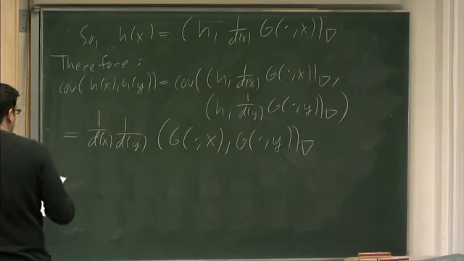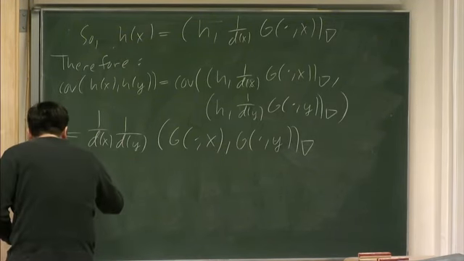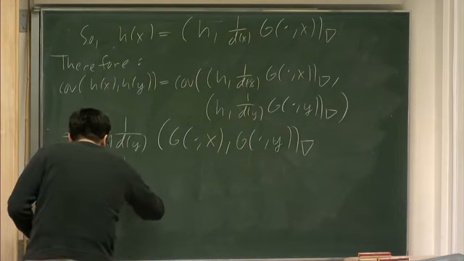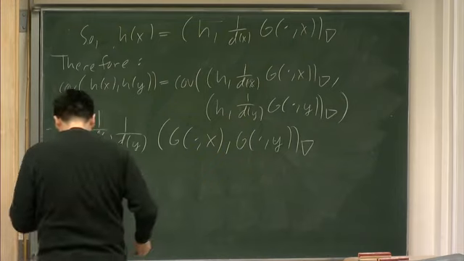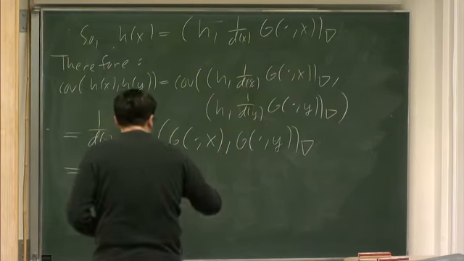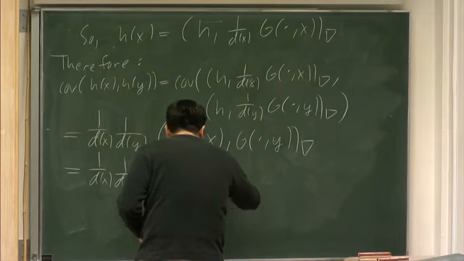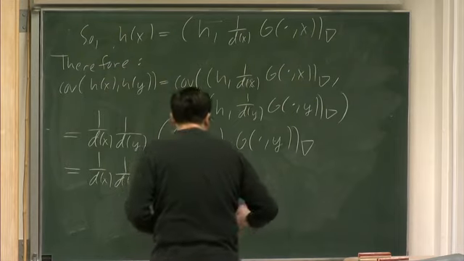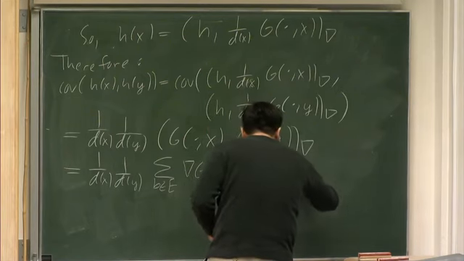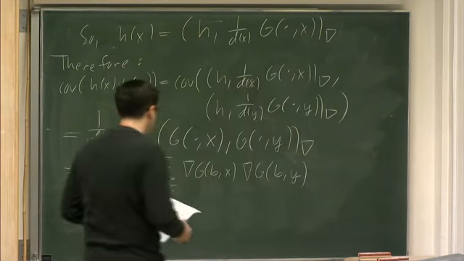And let's just write out what this means now. So this is the same thing as 1 over d of x, 1 over d of y, and then you sum over all edges in the graph. You take the gradient of the first function with respect to x, and the gradient of the second function, and you get that.